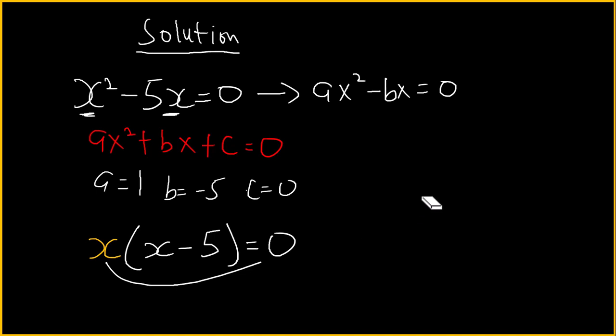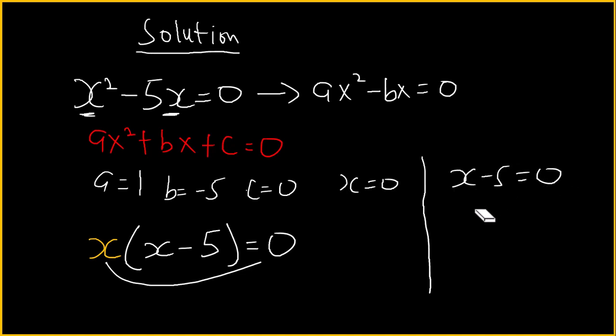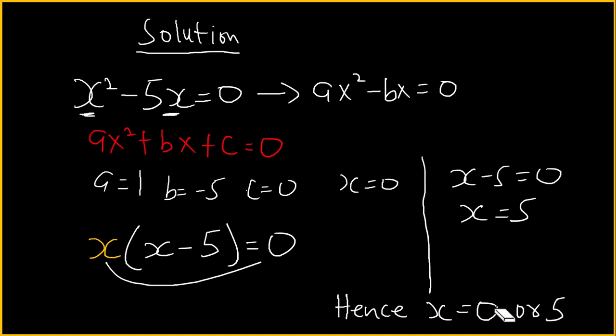So my thin line somewhere here, x is equal to 0 as one root, and x minus 5 is equal to 0, so our x is equal to 5. These are the roots or the solution of our equation. So in conclusion, x is equal to 0 or 5. So these are our roots.